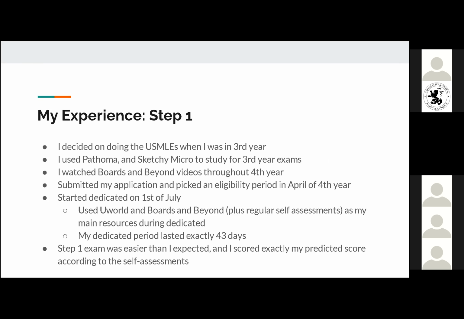Then I started dedicated on the 1st of July. During dedicated, I used UWorld, Boards and Beyond, and the regular self-assessments. My dedicated period lasted exactly 43 days. It was a bit long, but it's still between 30 and 60 days, which is good. My Step 1 exam was actually easier than I expected, and I scored exactly my predicted score according to my self-assessments.